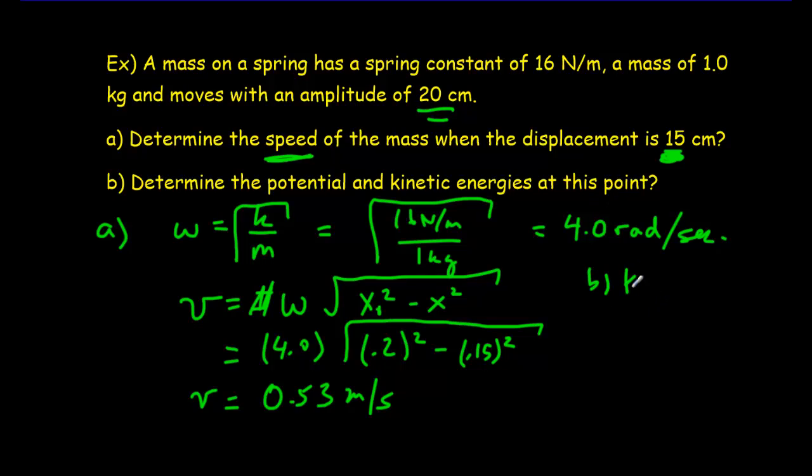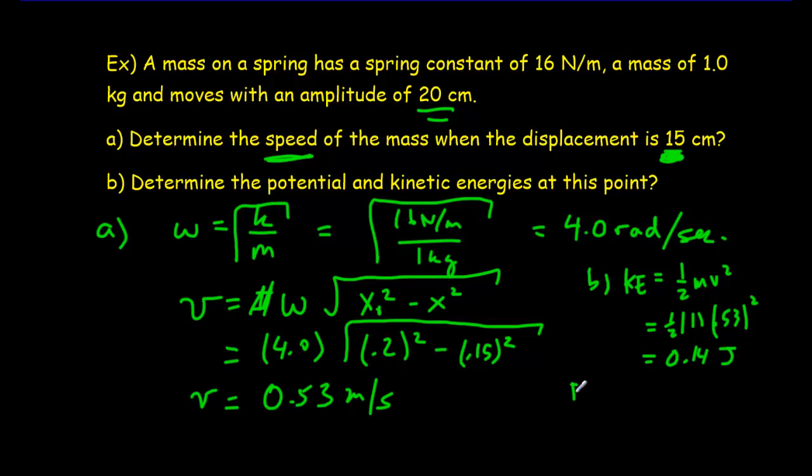So the kinetic energy would be equal to 1/2 mv squared, which is 1/2 times 1 for the mass, and our speed was 0.53. That'll get squared, so we get a value there of 0.14 joules.